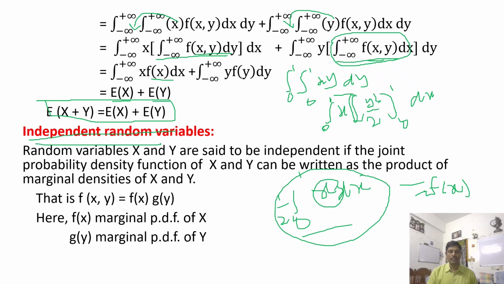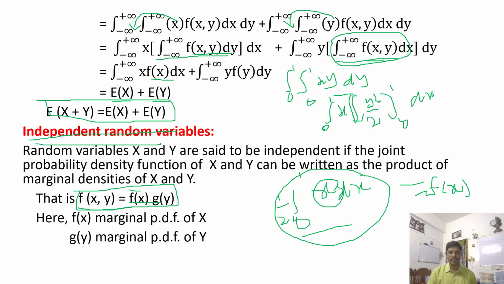The joint probability density function f of x comma y can be written as f of x into g of y, the product of the marginal probability density functions.